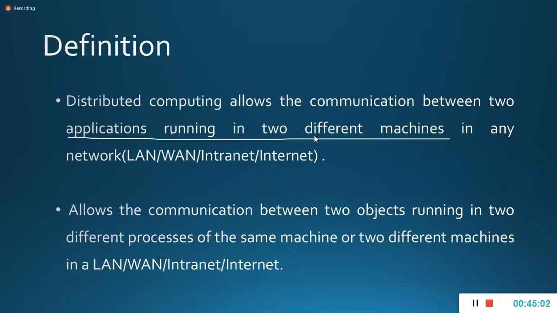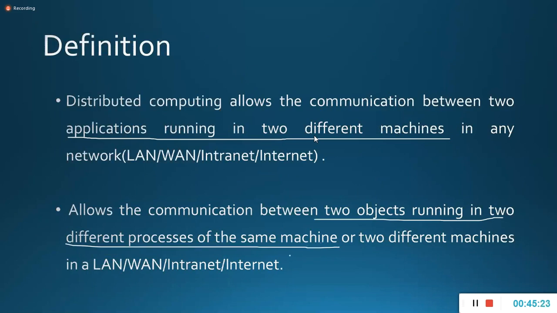That means information can be shared between two applications running on two different machines, client machine and server machine, or communication between two objects running in two different processes of the same machine also. So that is distributed computing.